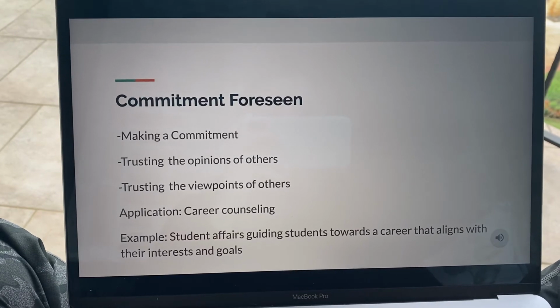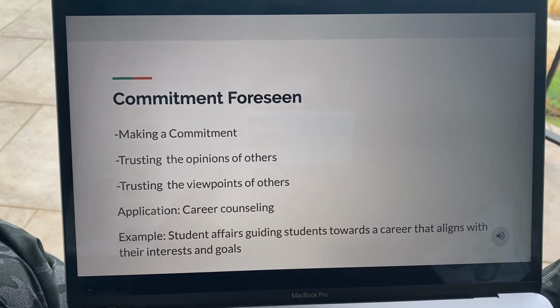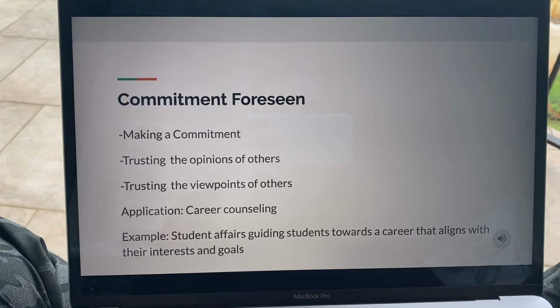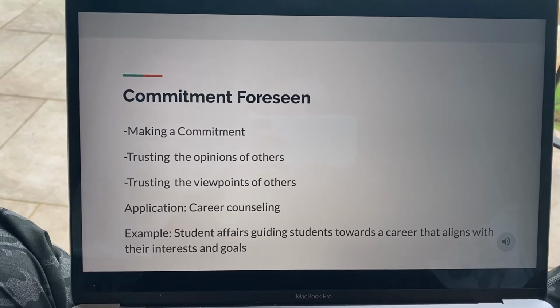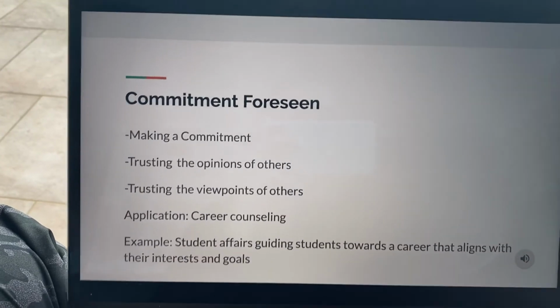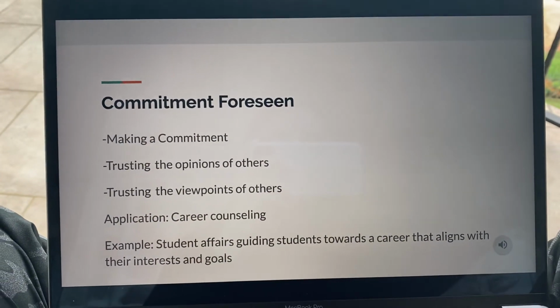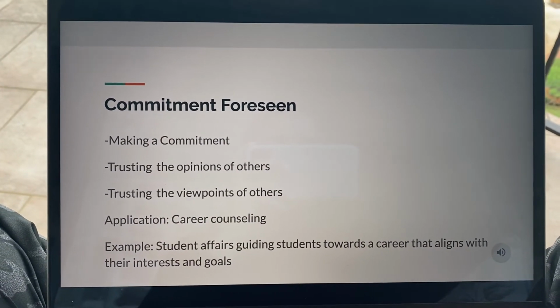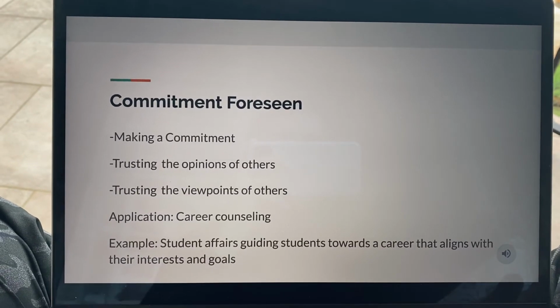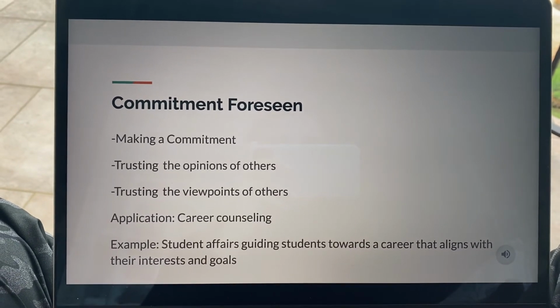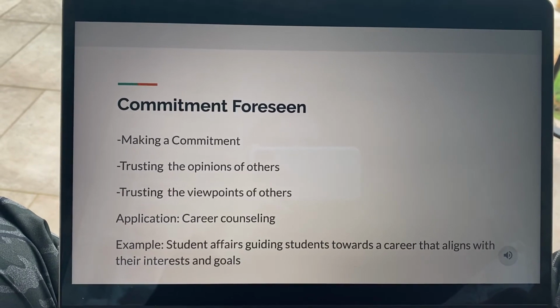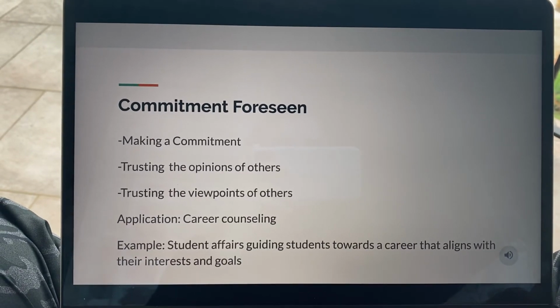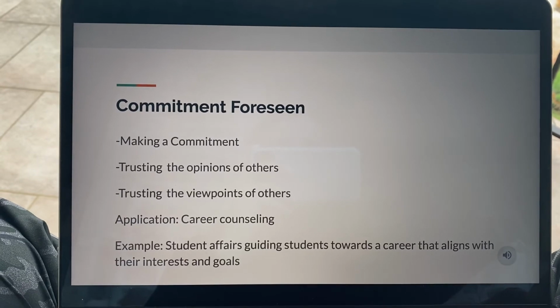The next position is commitment foreseen, which means making a commitment, trusting the opinions of others, and trusting the viewpoints of others. I'll be applying this to career counseling, and I'll be using, again, student affairs as an example. Faculty members in student affairs often help students by guiding them towards future careers that align with their interests and goals.